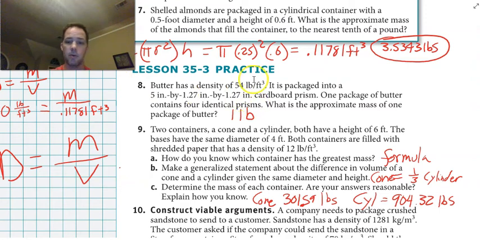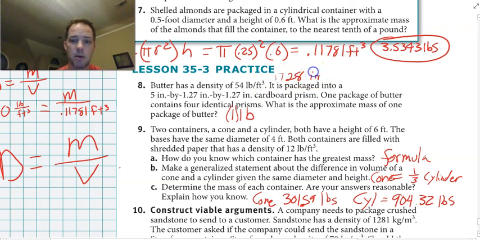All right, so 8 is a little bit tricky because it gives you the density in pounds per cubic foot, but then it gives you the dimensions in inches. So you could either convert the cubic feet to cubic inches, which is a lot. It's 1728 cubic inches per 1 cubic foot.